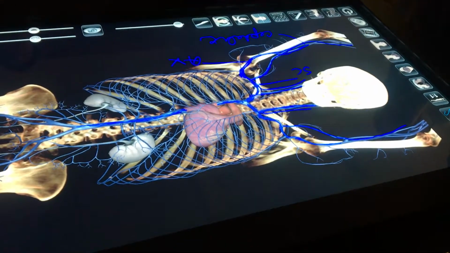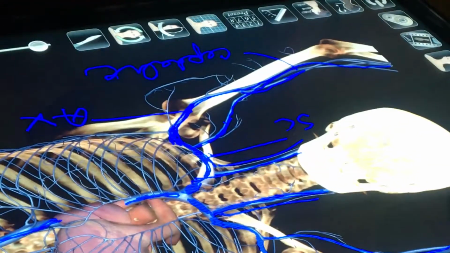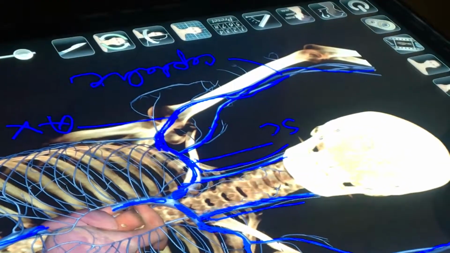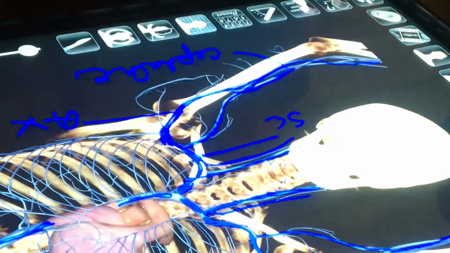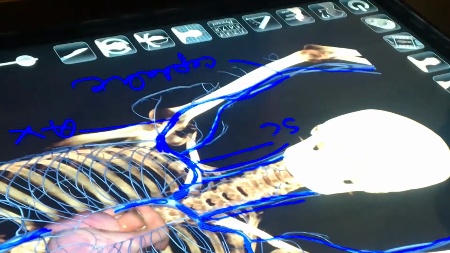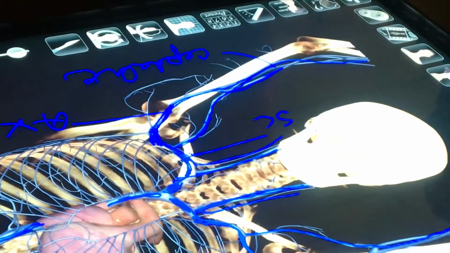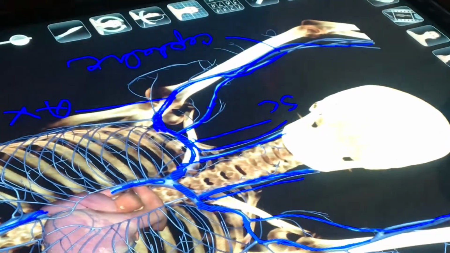So when you had your arm like this, you said this was basilic. Now the basilic is on the, where is it? This isn't it. This is cephalic here. Basilic's out here, isn't it?